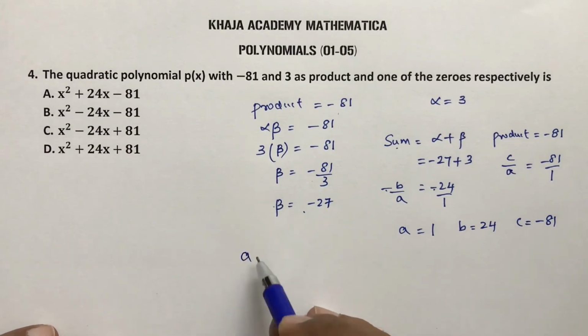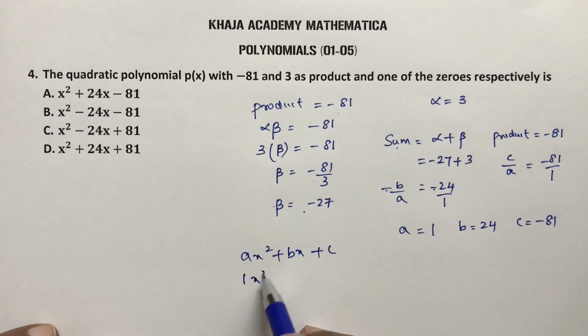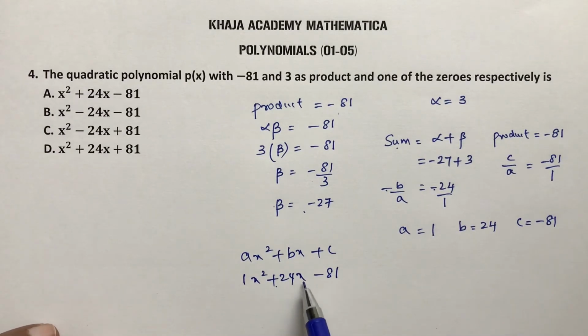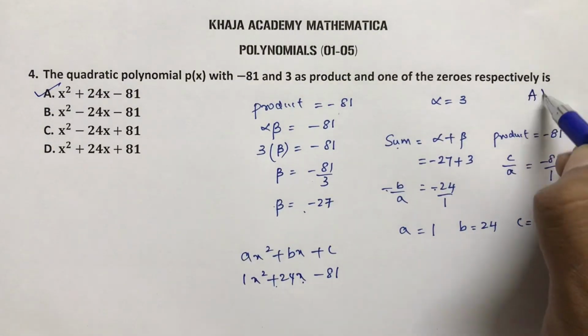So the equation ax square plus bx plus c is x square plus 24x minus 81. So the correct option is A.